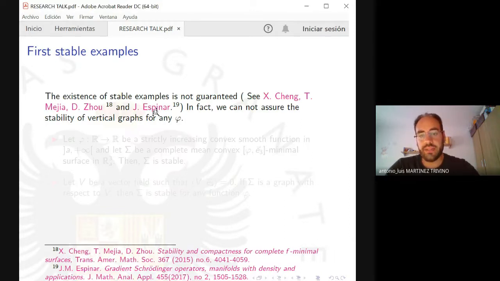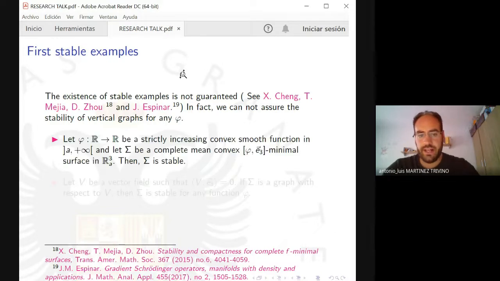On the other hand, Spinner proved that when phi is less than or equal to a negative constant, and the surface has finite phi capacity, then the only stable example is the vertical plane, because it must be totally geodesic. Okay. However, under our condition, we can guarantee that any complete mean convex phi-minimal surface is stable. This result justifies the previous hypothesis.